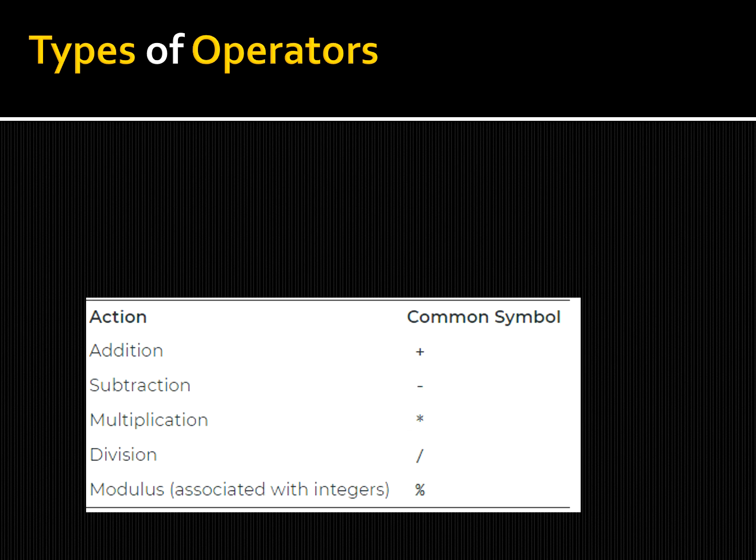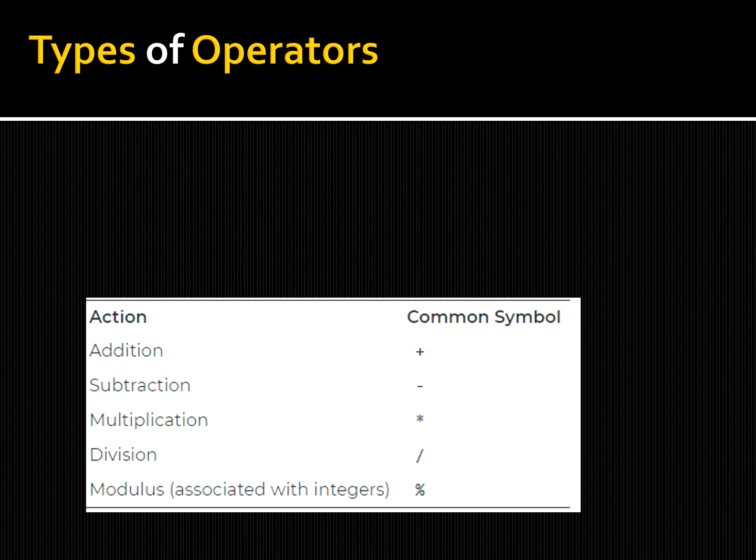First one is addition, the symbol is the plus sign. Next is subtraction, the symbol is the negative sign. Third is multiplication, with the symbol of asterisk. Division, with its symbol to divide.